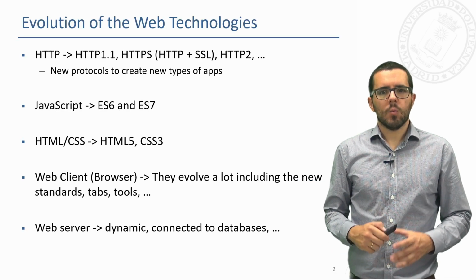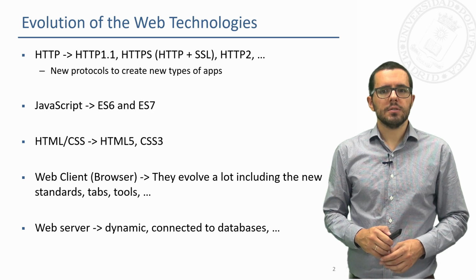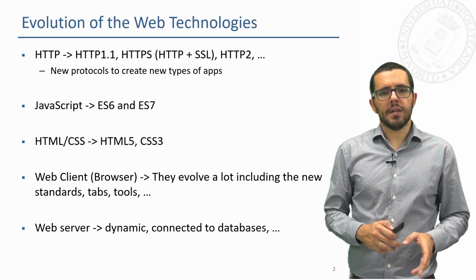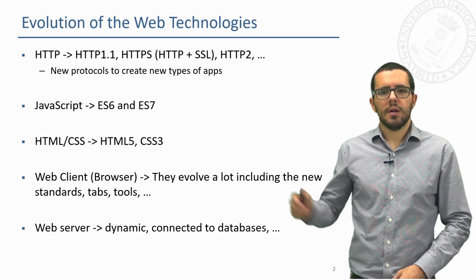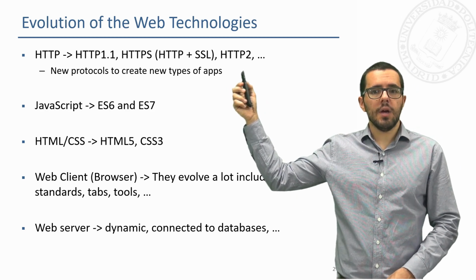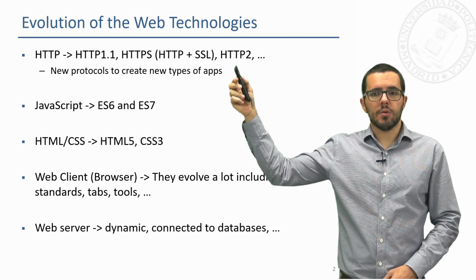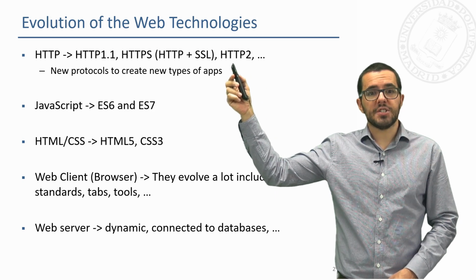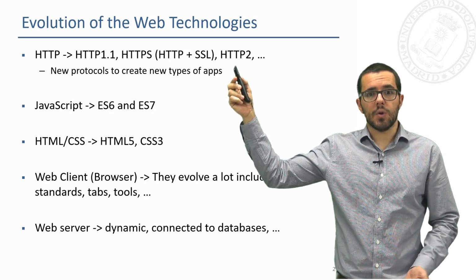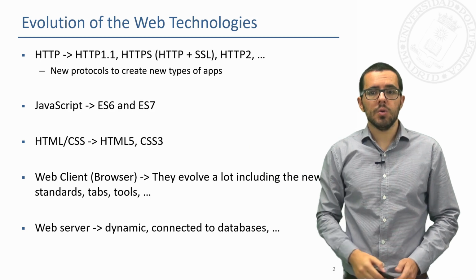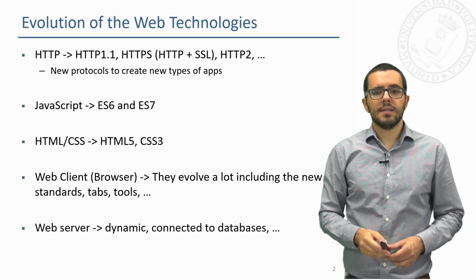Well, web technologies have evolved a lot from the very beginning of the web to nowadays. For the protocol HTTP, we have version 1.1, we have HTTPS with secure layer, we have HTTP2, so it has evolved a lot.